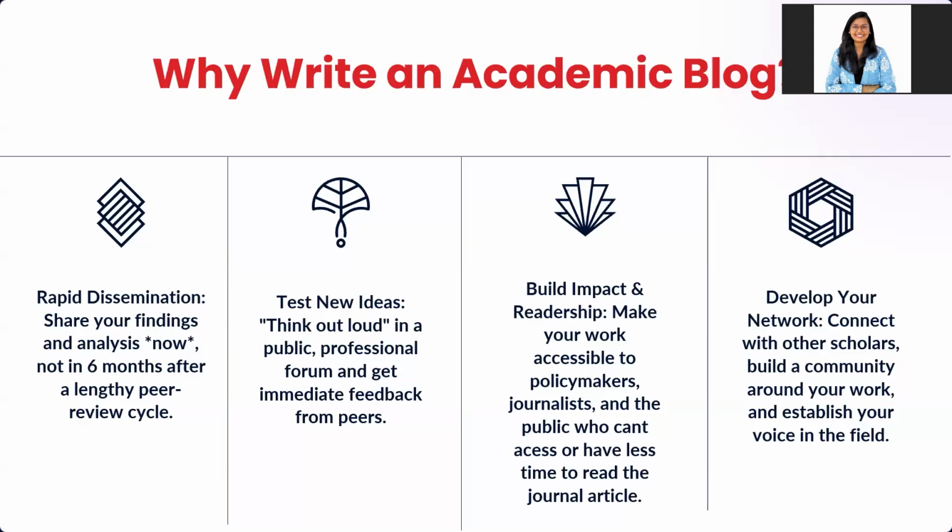First of all, it is about testing your ideas. As an early career researcher, all I can say is it's very difficult to figure out if my idea is good enough, or if what I'm writing is going to make an impact in the literature. So maybe you can just try it with an academic blog.